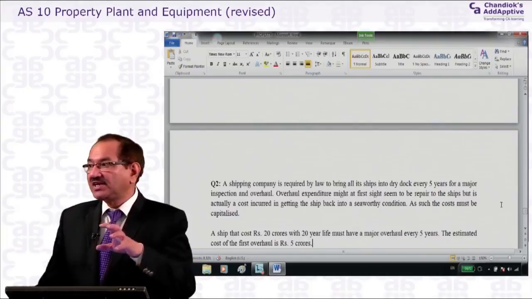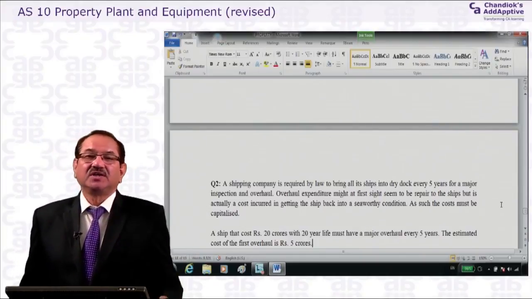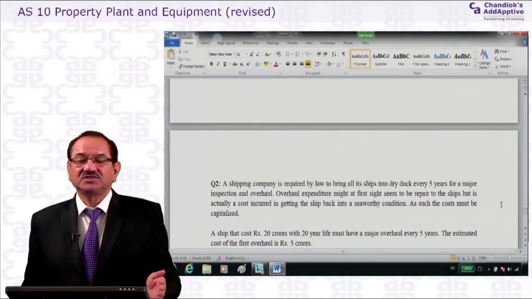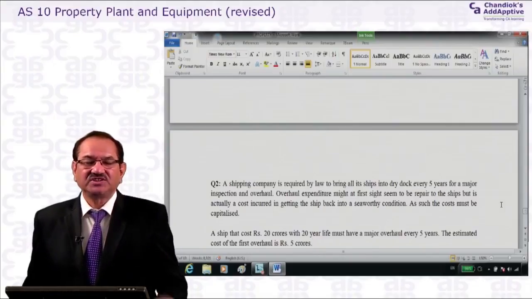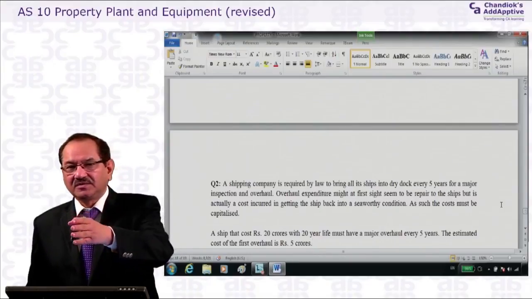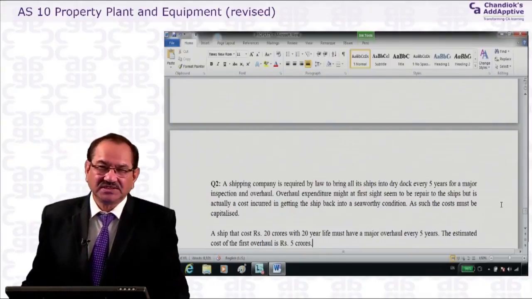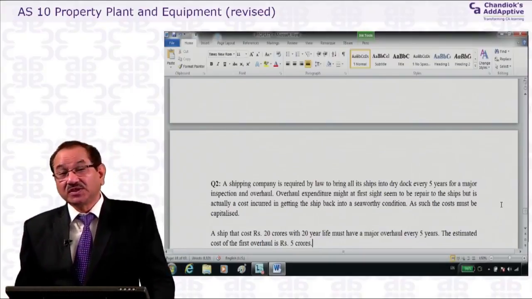So this time you have to concentrate a little bit on Accounting Standard 10 and some guidance notes, and if you go through it, you will not find much difference with the more detailed valuations of goodwill and shares.